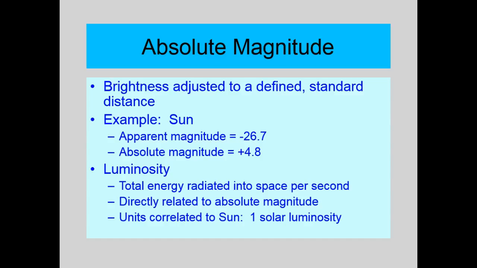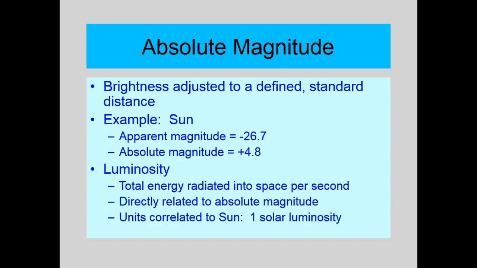Absolute magnitude of 1.4, which tells us that Sirius gives off more light than our sun because our sun is 4.8. Remember, the smaller the number, the brighter the star. Okay? So, apparent magnitude of Sirius was 0, if you remember. The absolute magnitude was 1.4.